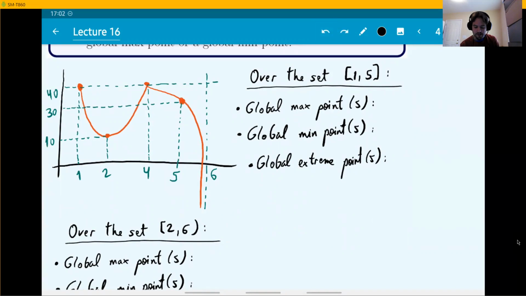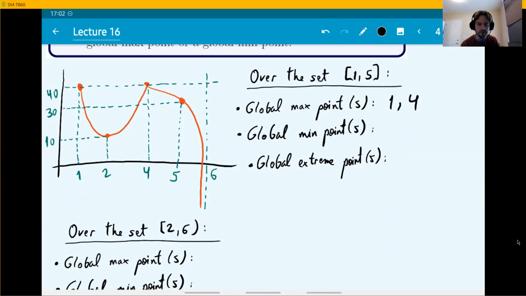What are the global maximum points? Now this time you're going to find the global maximum value, which is 40. And then you look at what are the points where that value is attained. And there are two of them. There's 1 and 4. So you can see that there can be more than one point now, which is not the case for values.